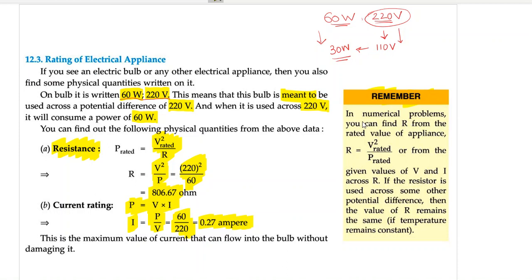Remember, in numerical problems, you can find R from the rated value of the appliance, that is V square by P, or from the given values of V and I across R. If the resistor is used across some other potential difference, then the value of R remains the same if temperature remains constant. So this we will apply in numericals and check what they are talking about.